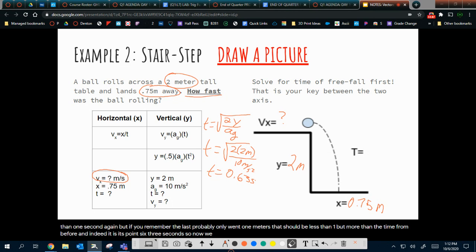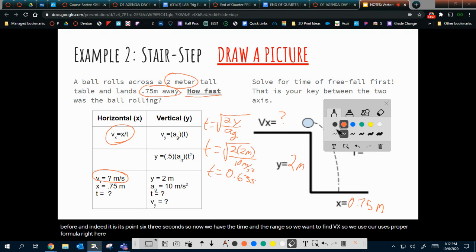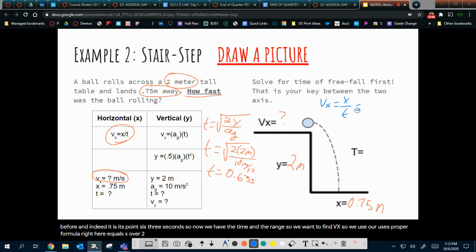So now we have the time and the range, so we want to find Vx. So we use this formula right here. Vx equals x over t. In this case, x is 0.75 and t is 0.63.